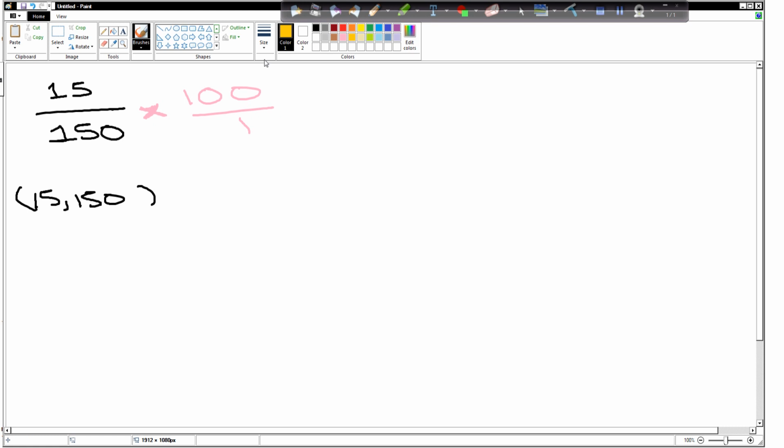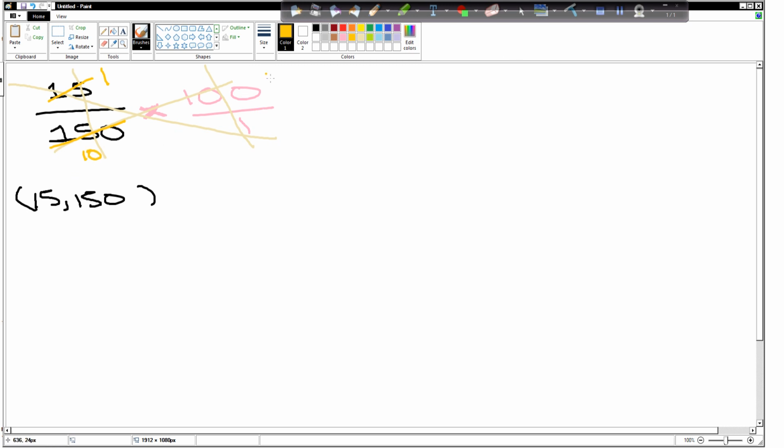When we cancel, we can cancel in a vertical direction or a diagonal direction. Can I cancel 15 and 150 vertically? Yes. 15 divided by 15 is 1. 150 divided by 15 is 10.